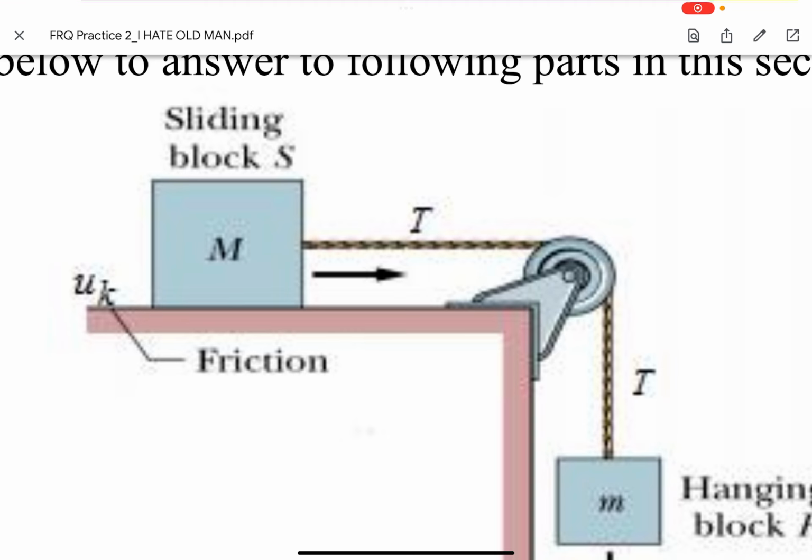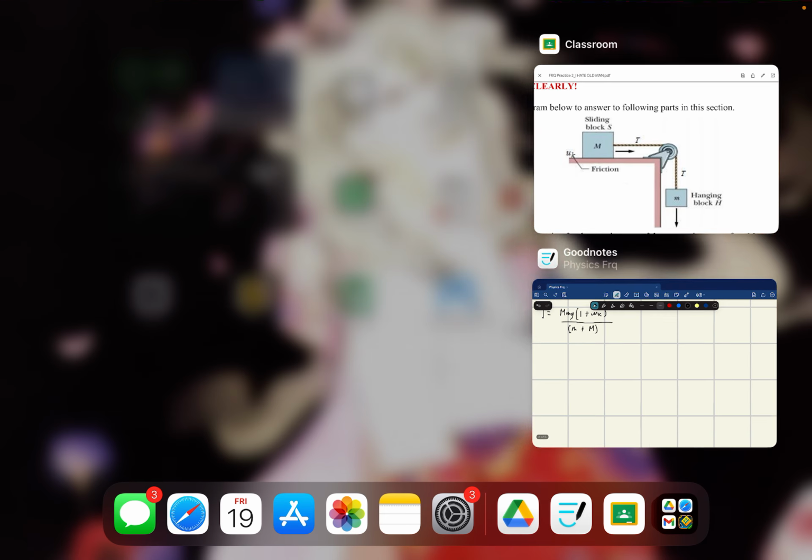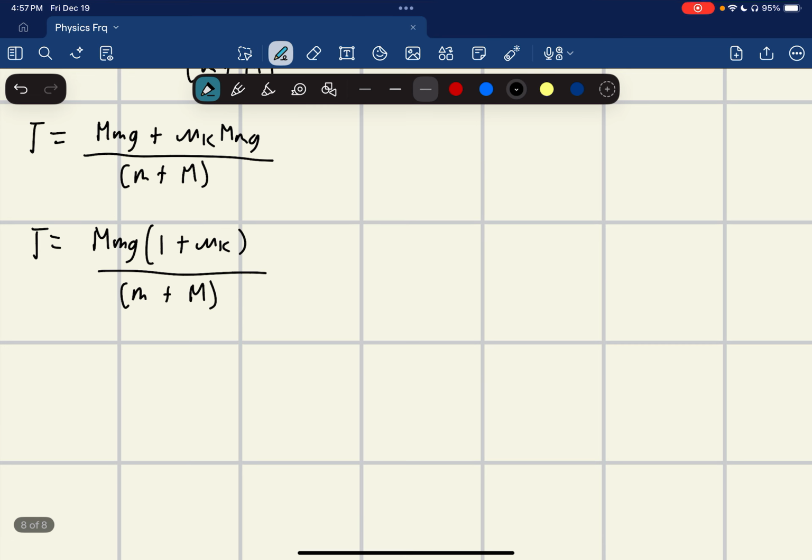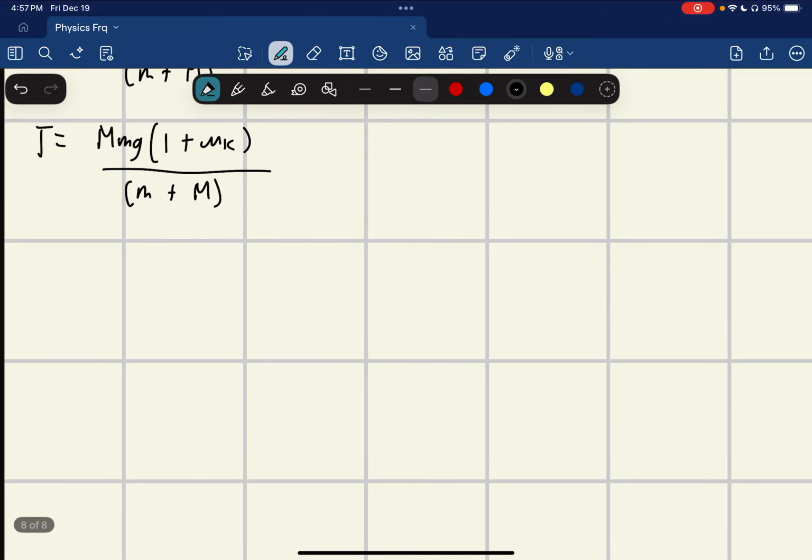So T would need to increase to account for that. And also, if you look here in the new T equation, friction would be added to it and it would increase T. Okay, so for G, with friction, tension would increase.